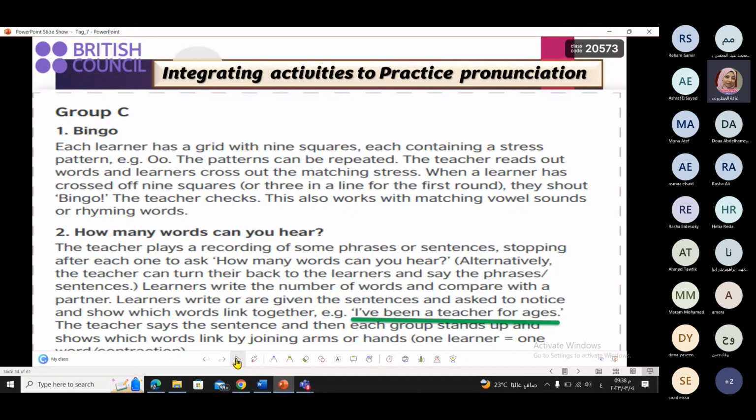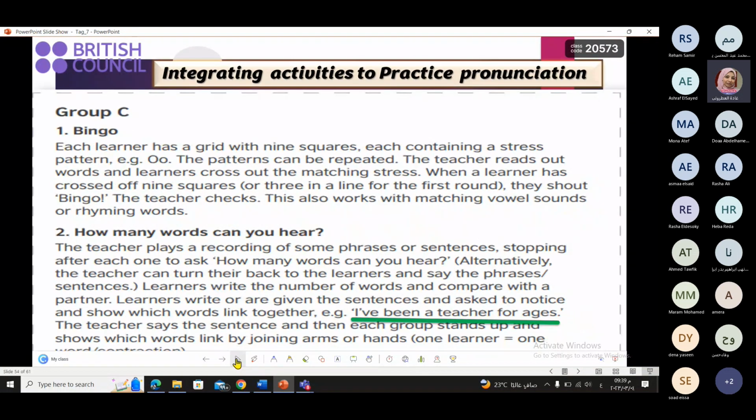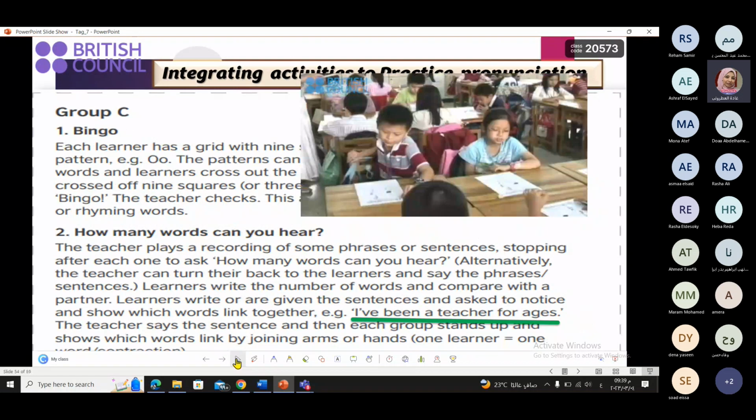Okay, actually I have another activity but I'm gonna skip this in order to try to wrap up the session. Also, there's another activity which is bingo. Have you ever played bingo with the students? You can play this game with pronunciation as well.